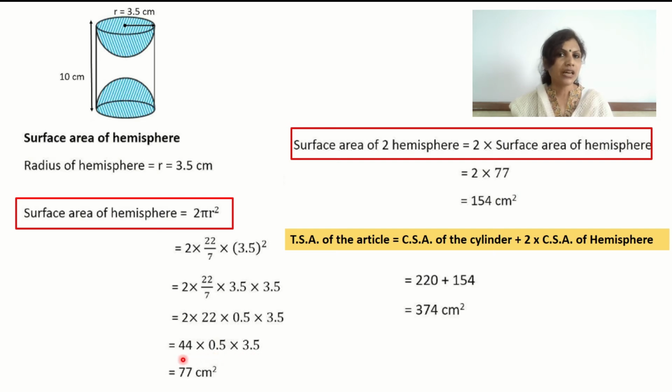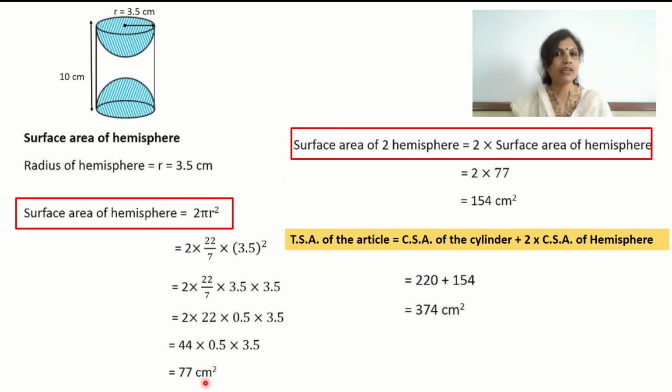So you will need some time to do the calculations. I hope you all are along with your books and the pen, and you are solving along with me. If you do the calculation, the multiplication comes equal to 77 centimeter square. So we have calculated the curved surface area of one hemisphere, that is 77 centimeter square.